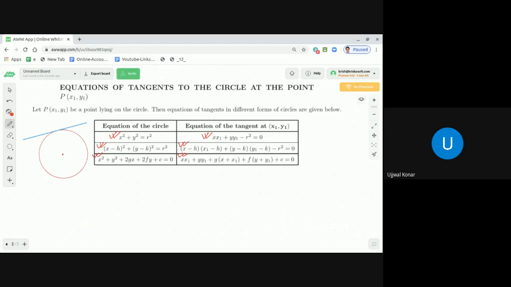Sometimes it gets confusing to some students. Whatever you see in the second column is the equation of a tangent. What is a tangent? A tangent is nothing but a straight line.